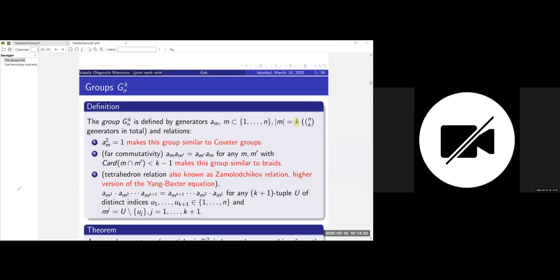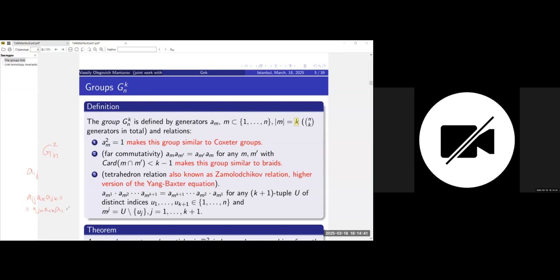Well, actually, if we take G_n^2, then my generators can be called a_{ij}. And then the third relation looks like a_{ij} a_{ik} a_{jk} equals a_{jk} a_{ik} a_{ij}.